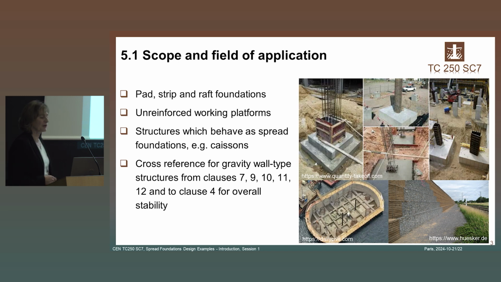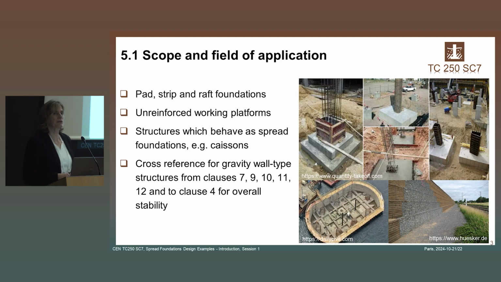Now clause 5 deals with spread foundations. That means the regular types of foundations that we know, pad, strip and raft foundations, but it is also applicable to unreinforced working platforms. An example by Fanny provides something like that. It is also applicable to structures that behave as spread foundations, like deep foundation types of structures such as caissons, for example.